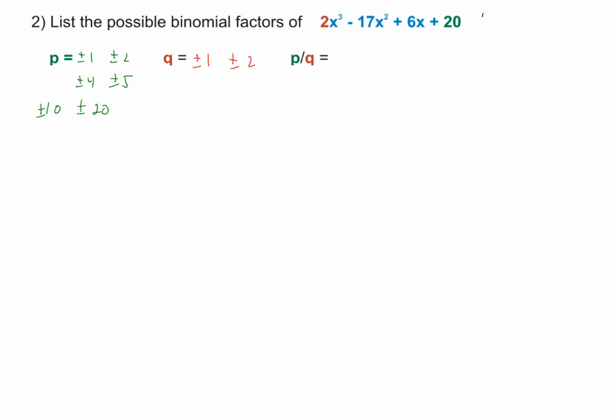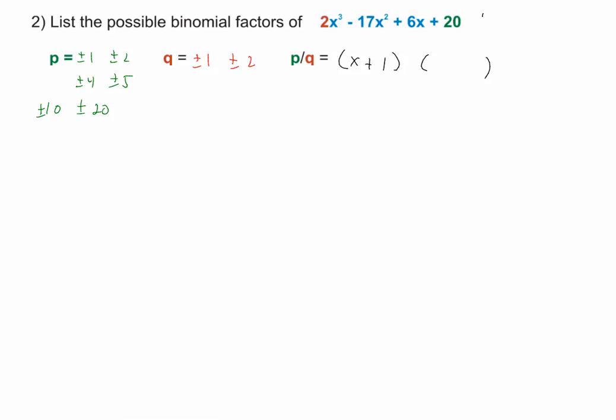Okay, how can I make this make sense to you? All right, let's start listing all our possibilities. I'm going to stop using the color because it's too much of a pain to keep switching. Okay, so if we had the 1 divided by the 1, that would be x plus 1, right?